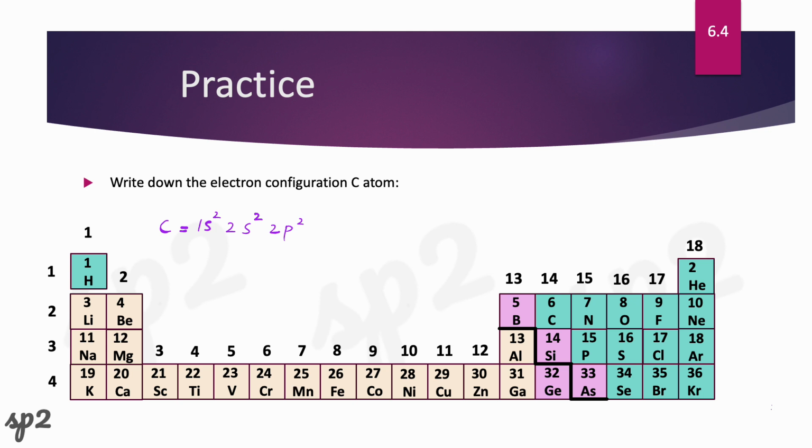So that means for the carbon case, these are going to be my core electrons, 1s2. And they are actually going to be represented by the noble gas in the previous row, which is helium. So I can write this down as helium, right? And I have this square bracket around it. That means I'm done with all the core electrons. And then I can continue with my remaining electrons, which are going to be your valence electrons, okay?